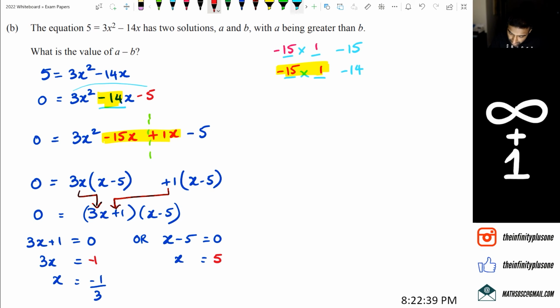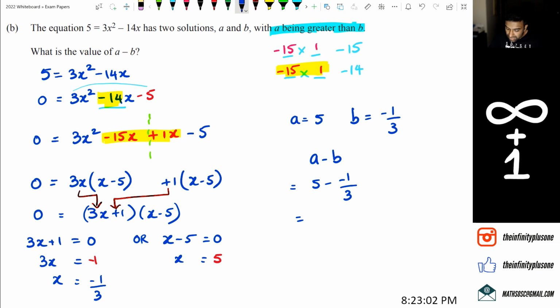Now it tells you that A is greater than B. So in this case, we can say A is equal to 5 and B is equal to negative 1/3. And it's asking for A minus B, so we're going to go 5 minus negative a third, which is the same thing as 5 plus 1/3.